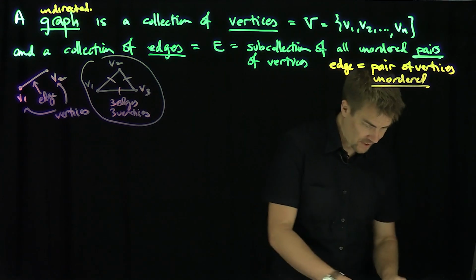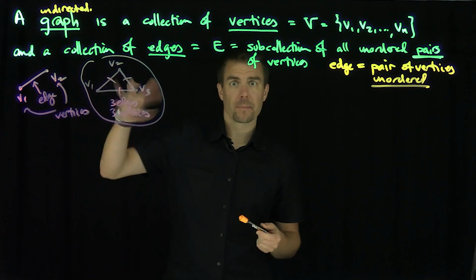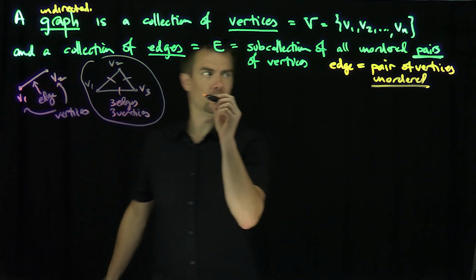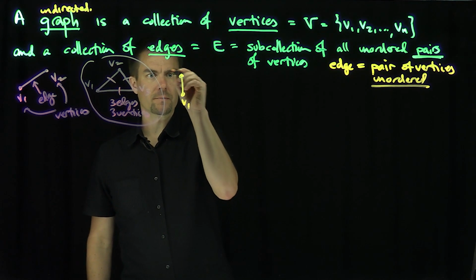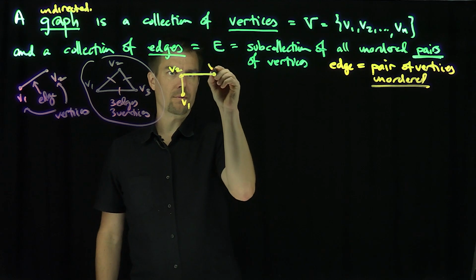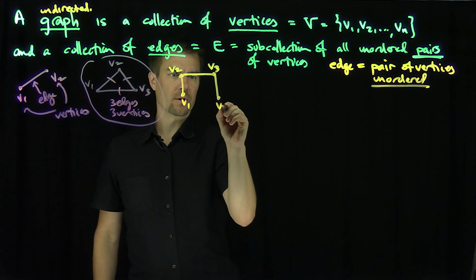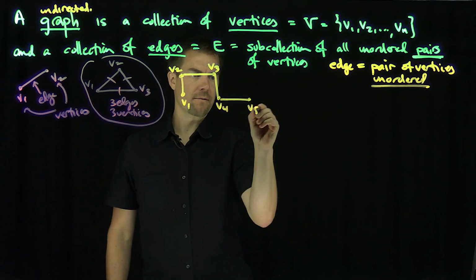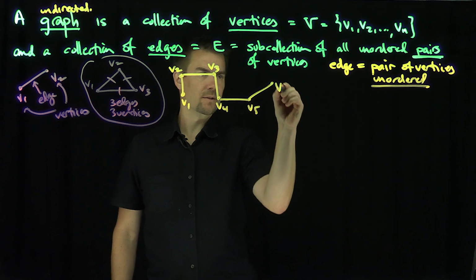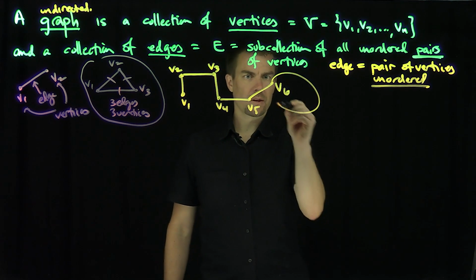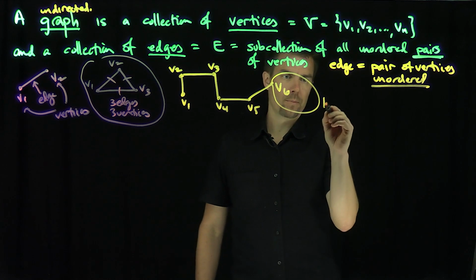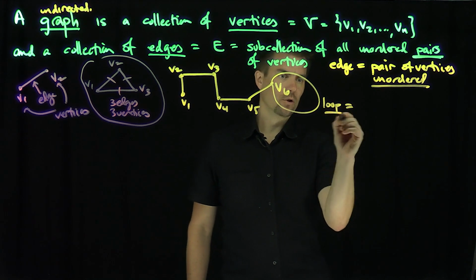Let's do another example. So of course, it doesn't have to be these symmetric things over here too. It can be a little bit strange, right? I can do something like this. There's my V1, that can go to V2, that can go to V3, that can go to V4, that can go to V5, that can go to V6. And then we can have something funny that happens at V6. I can make a loop, right? So this is a loop. And so what are loops?